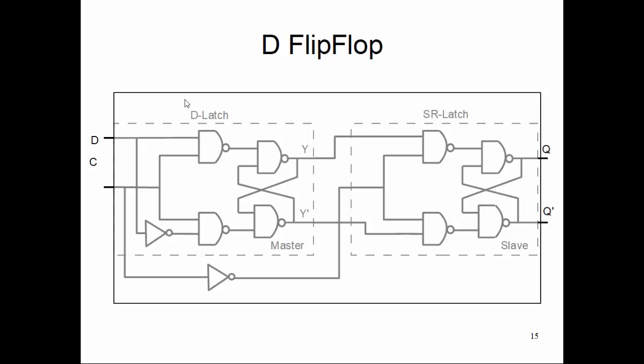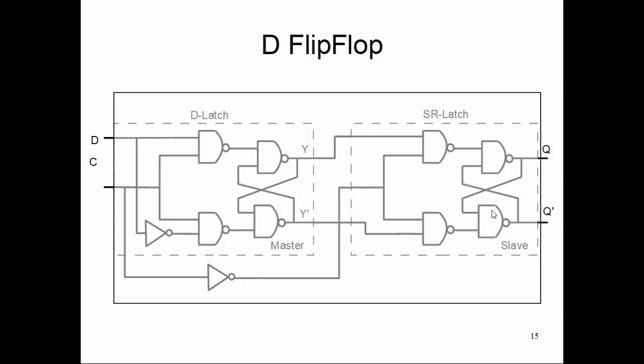If this output Y is, let's say, 0, Y bar will always be 1. If Y is 1, the other terminal will always be 0. That means this SR latch is guaranteed to not have a reset condition. So that's why we can use an SR latch instead of a D latch, to reduce the number of components, make it a little bit faster, and so on and so forth.